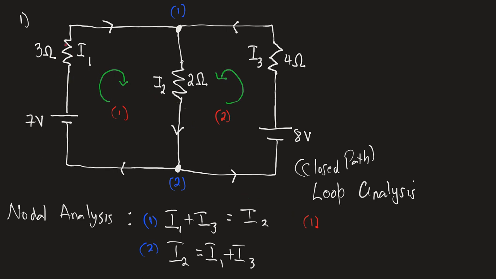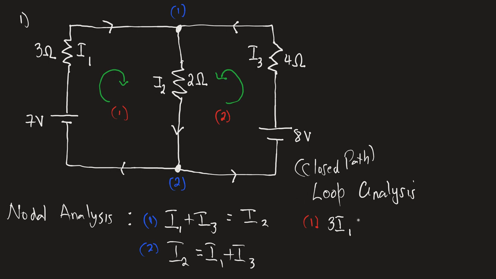Okay, so in this loop, we have two resistors, right? So remember what it says, it's the product of the resistance and the current. So here I would have 3I1. So let me do that. So 3I1. And then I have to add that to the other product of, again, resistance times current.